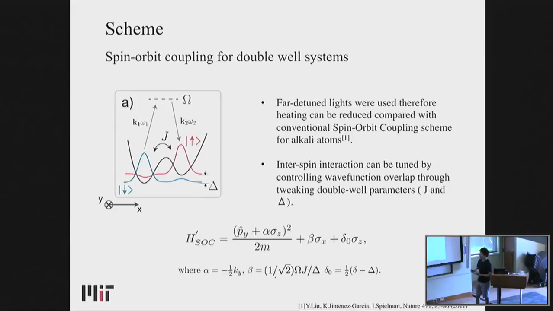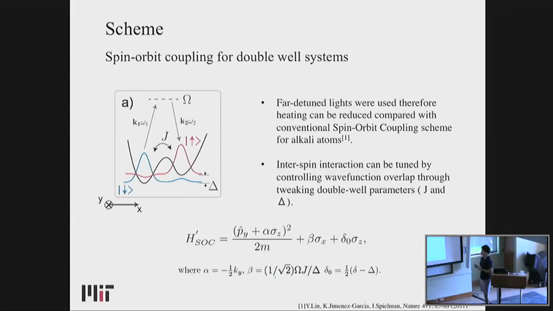This overlap depends on the parameter J, the tunneling between the two wells, and also on the offset of the two wells, which in principle can be tuned very low, because it basically depends on this small satellite leaking part of the atoms from one spin state to the other. So if we just change the parameters, we can tune the interaction between these two pseudo-spin states.